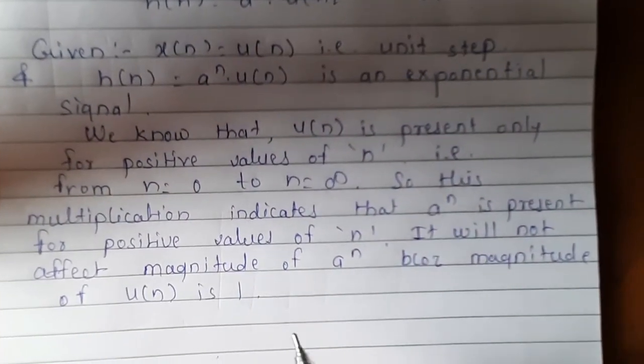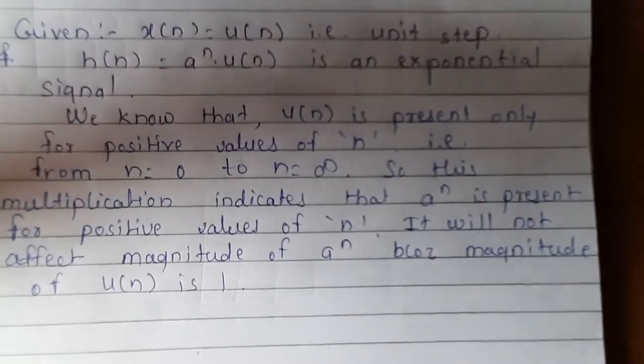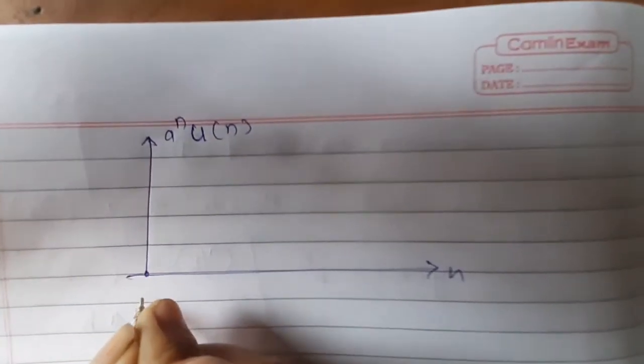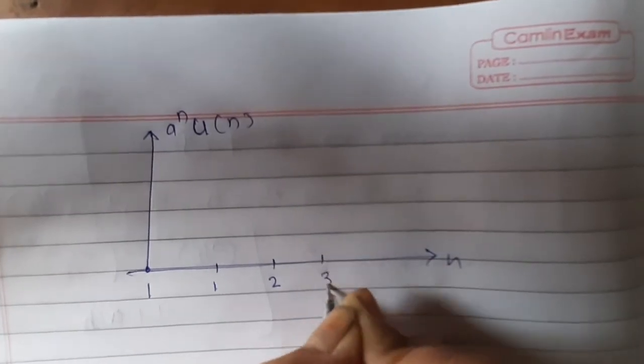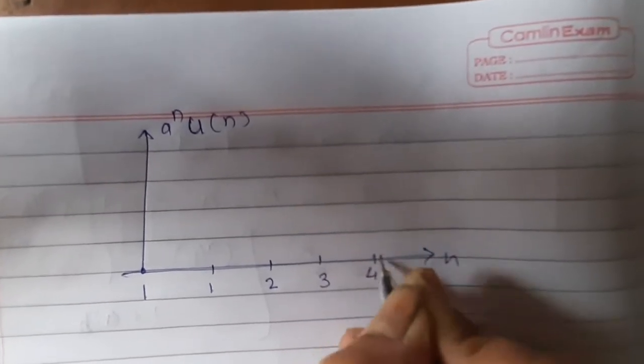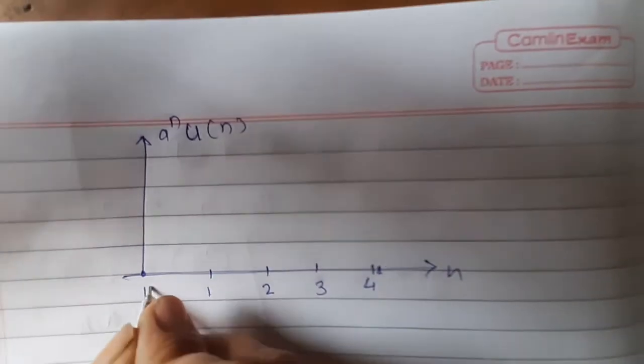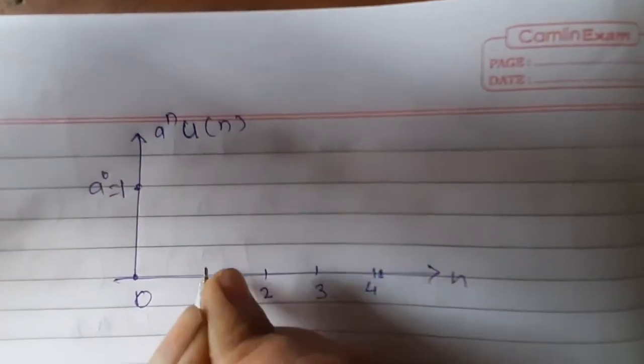So we draw the sequence for this. This is n, this is a raised to n u of n, a raised to 0 is 1.